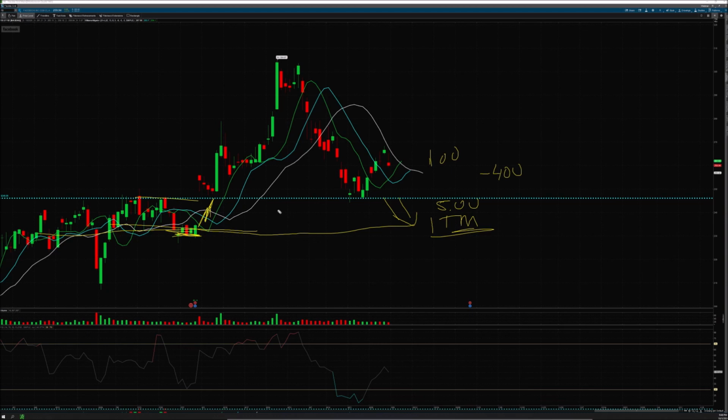So now it's a 50-50 chance that it could continue lower to down here, or it's gonna bounce back up. You know what I'm saying? So at this point, either I could close it for a $400 loss, or I could roll it over. Okay, I could roll it over.